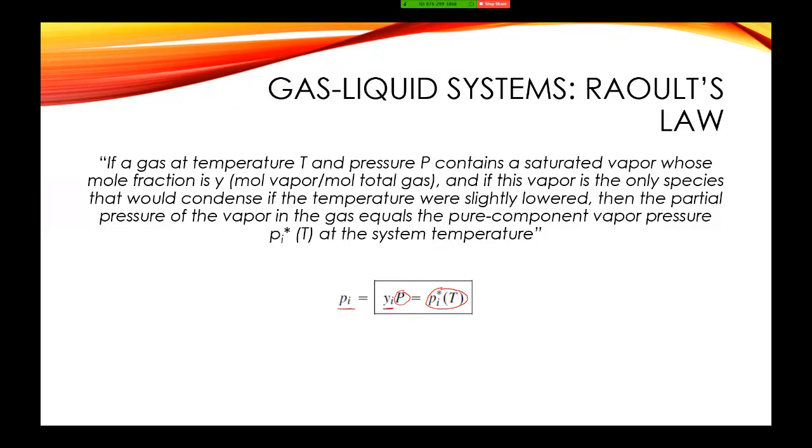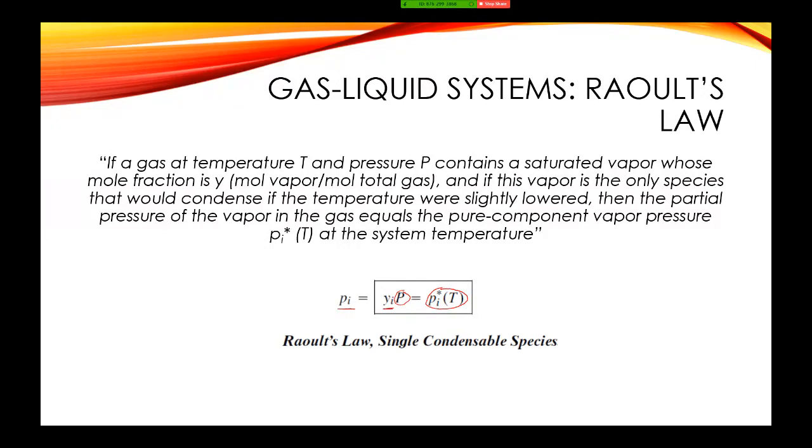This is not a multiplication really; the vapor pressure is a function of T. So the vapor pressure is not going to change with the pressure, just with the temperature. That is very important. This is Raoult's law with a single condensable species.